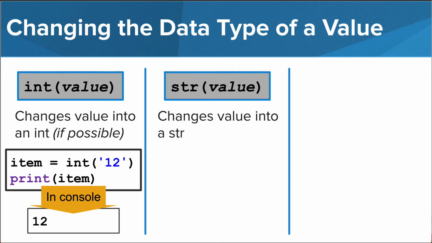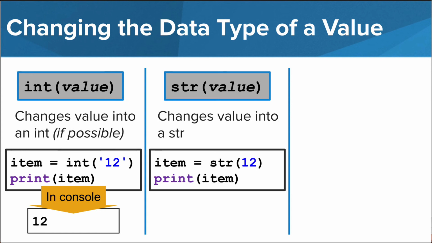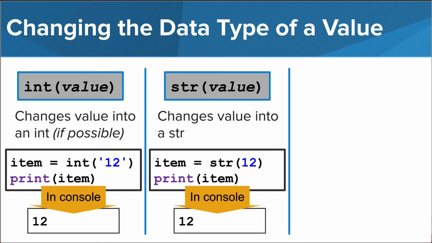Similarly, if we want to turn a value into a string type, we can use the str command. Pretty much anything can be turned into a string, so this command is super useful when we want to combine items in our print statements. We can take the integer 12 and turn it into a string, though when we print it alone, we won't see any difference. Just trust me that this will be important in the next few lessons.